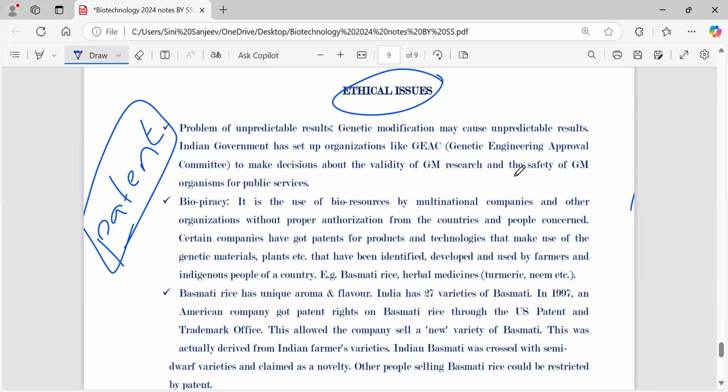So ultimately you get paid, and you can even sell your product if they're giving you a good amount. For all these purposes, to protect your inventions from theft, you can take a patent of your particular product.